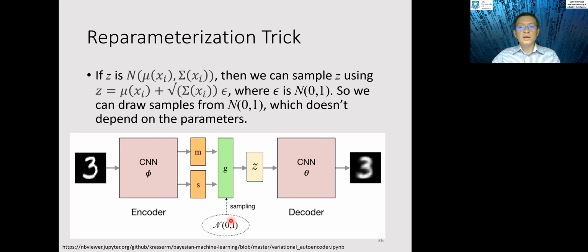And this is not dependent on the parameters phi and theta. So then this sampling process will no longer prevent us from differentiating the variables against the loss. So we can do back propagation properly. That is a very smart reparameterization trick.